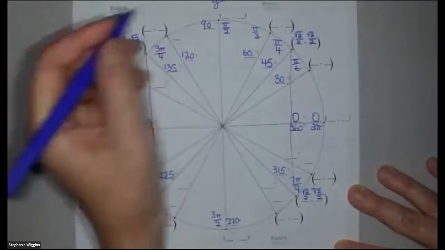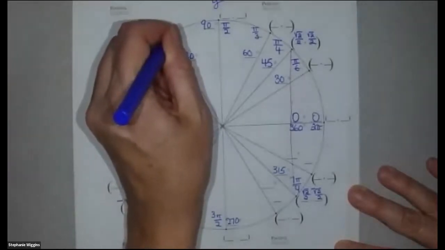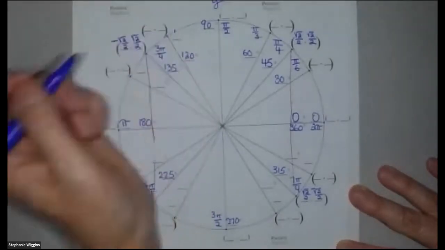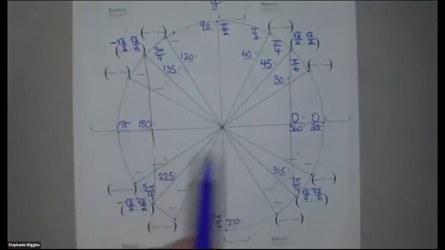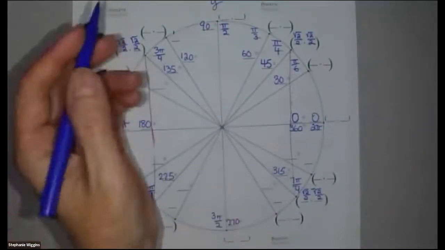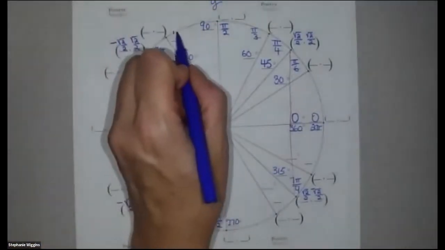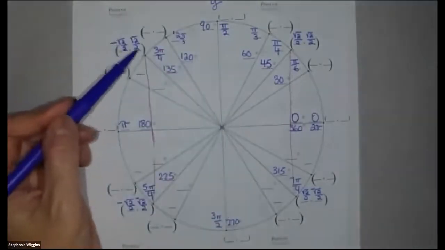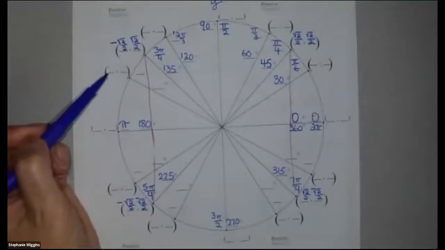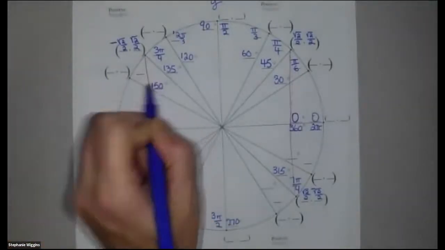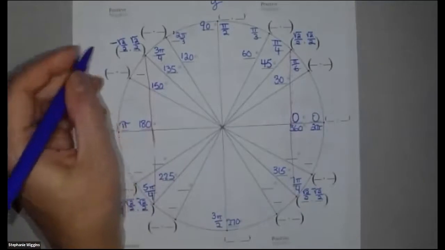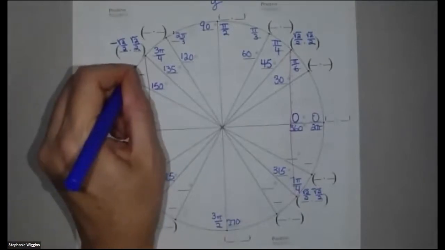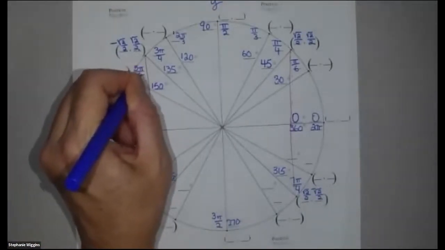Then we have 120 degrees, which is, let me think for a second, 4 pi over 6, which is 2 pi over 3. Then right here we're going to have 150, which is going to be 5 pi over 6. 180 is pi.